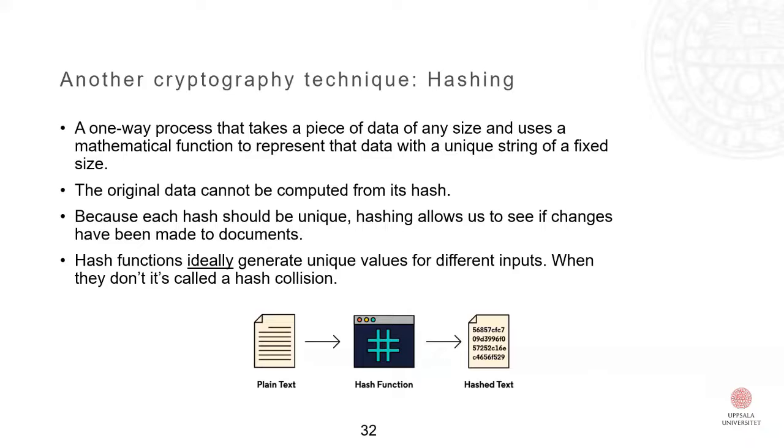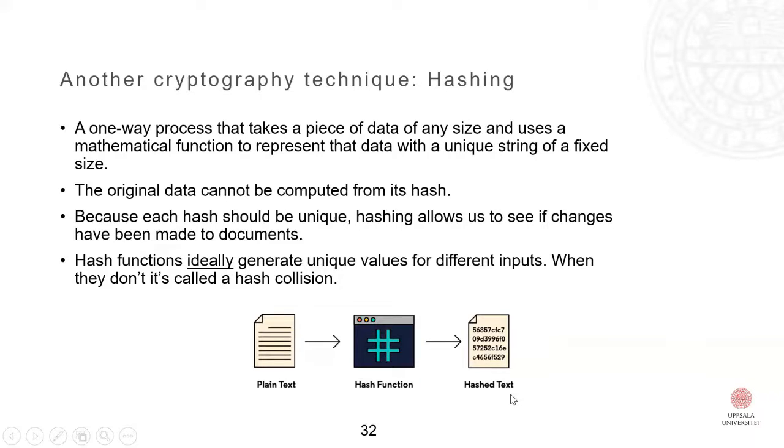So hash functions are ideally unique. They generate unique values for different inputs, but this is not always the case, especially if you limit the size of the hash text so that it is very short. Then it happens a lot that different plain texts can have the same hash text, because your state space is small and the hash function has to map the input to some value.